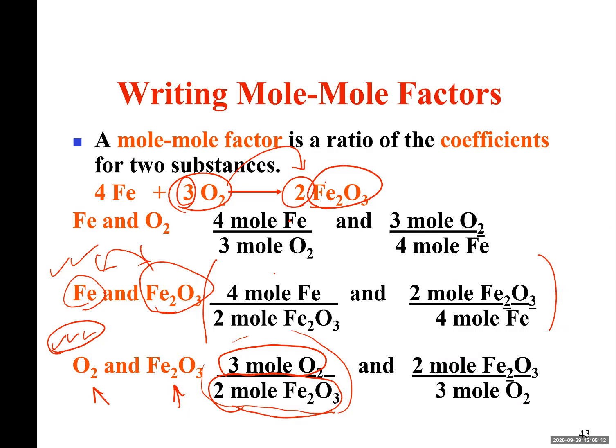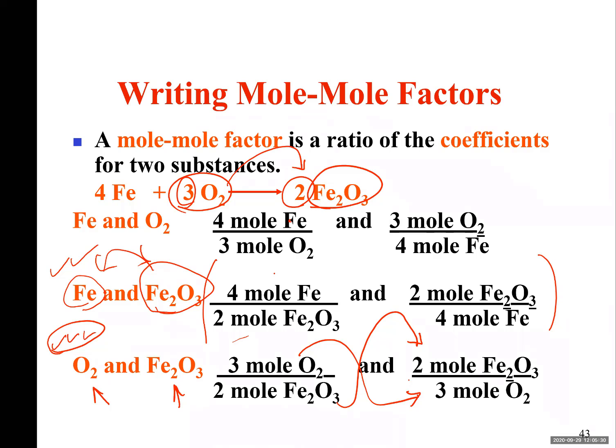And if I want to write the other possible conversion factor, all I have to do is inverse the ratio. Take the bottom to the top and top to the bottom. Both of these are conversion factors that are equal to 1, so inverse of 1 is 1.